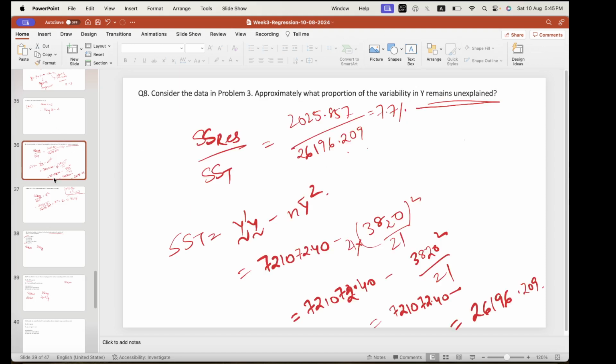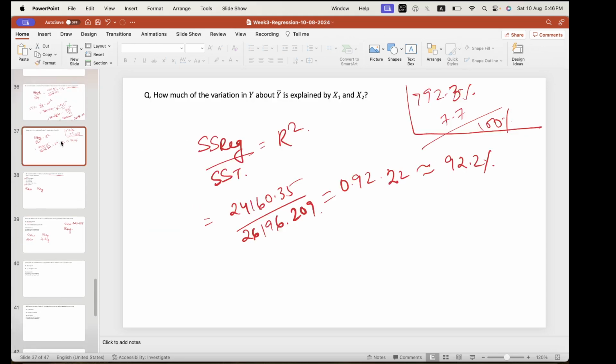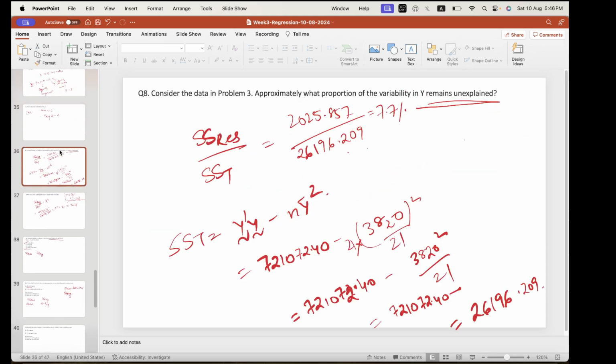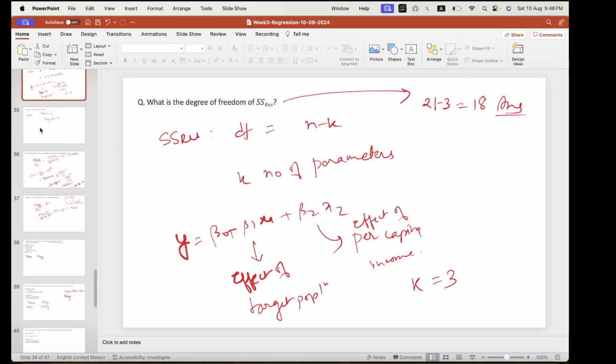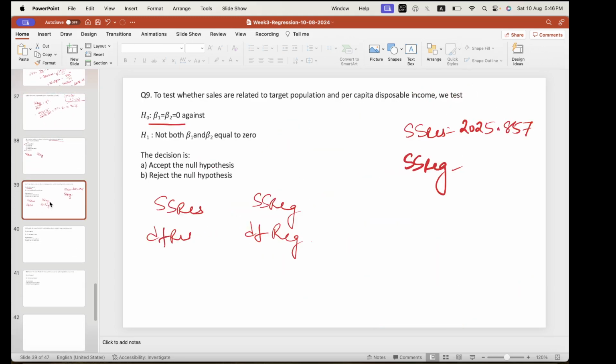We calculated 2025.8567. And SS regression also we calculated, this was 24160.35.